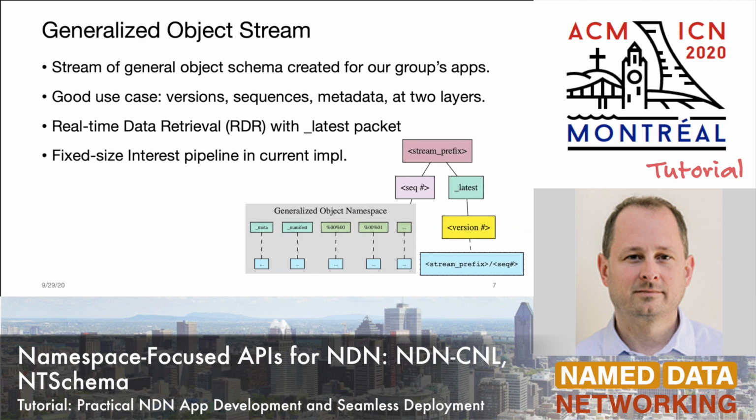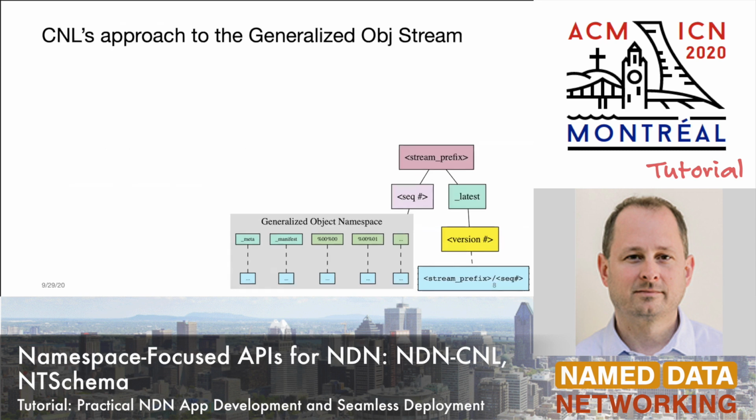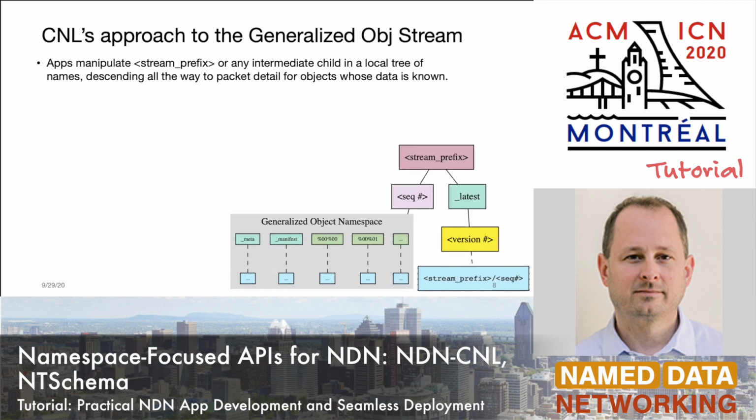And so this is an example of something that the CNL can abstract at the stream level and present to us, allowing applications, for example, to manipulate that prefix or any intermediate child depending on what they actually need.